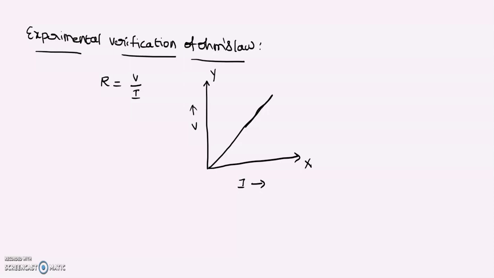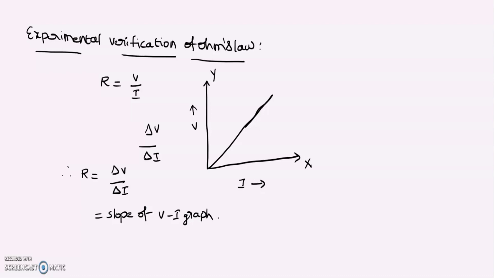The slope of the straight line on the VI graph is delta V by delta I, which gives the resistance R of the conductor. So therefore, R is equal to delta V by delta I, that is equal to the slope of the VI graph.